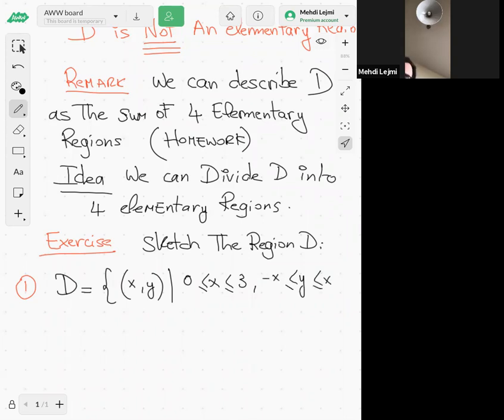All you have to do, guys, is graph or sketch this region D.